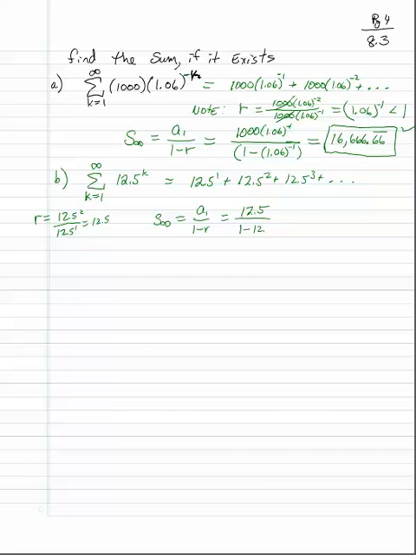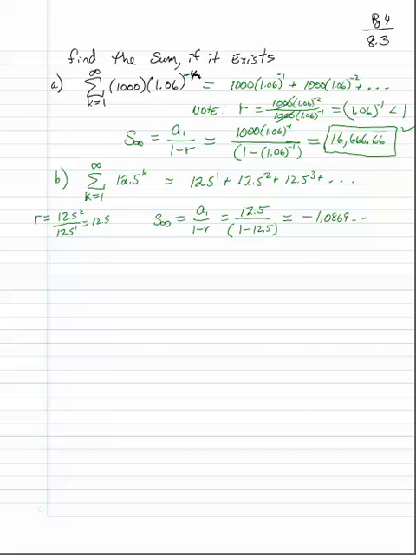So 1 minus 12.5. And you punch it into your calculator. And again, you better use parentheses here. 12.5 divided by parenthesis 1 minus 12.5, close parenthesis, so negative 11.5. So you get negative 1.0869 and some change.